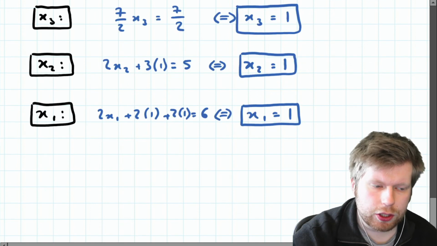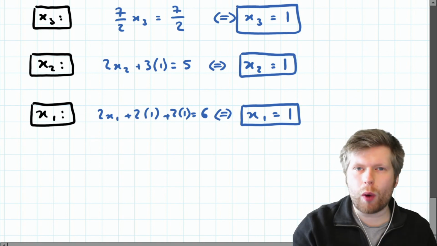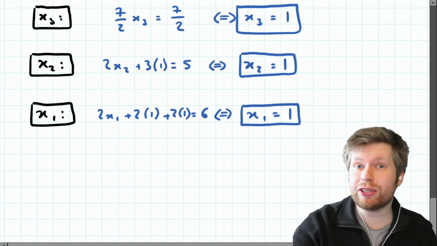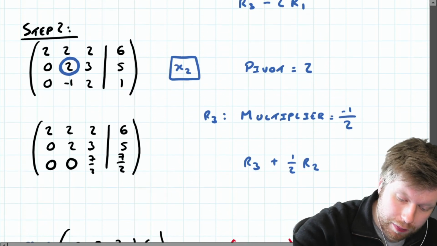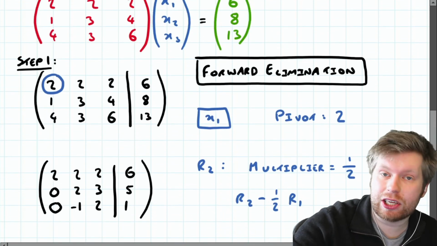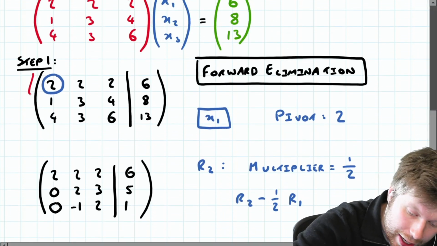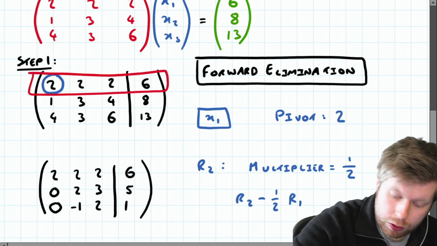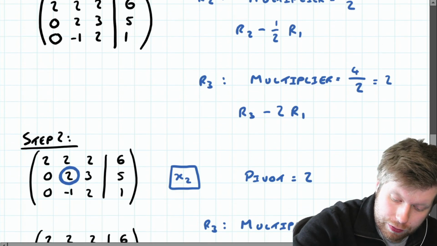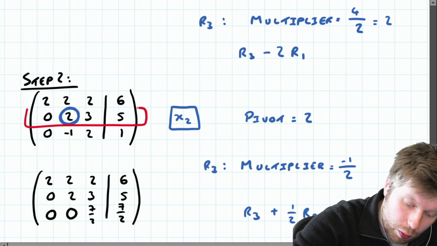Okay? So just a little bit of terminology which we've met along the way. We've used things like the pivotal equation. Remember, the pivotal equation is basically the equation that stays the same at each step. For example, the pivotal equation when I was looking for x1 was the first equation. The pivotal equation for x2 was row 2.